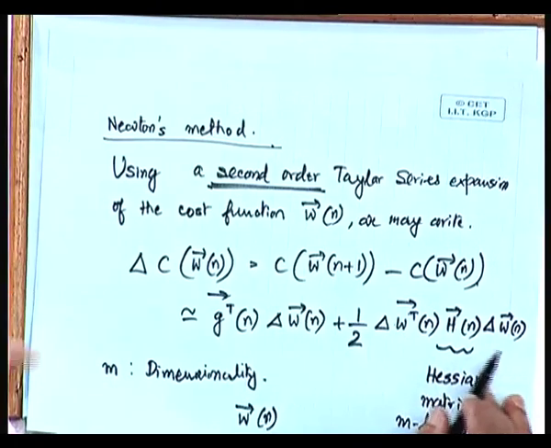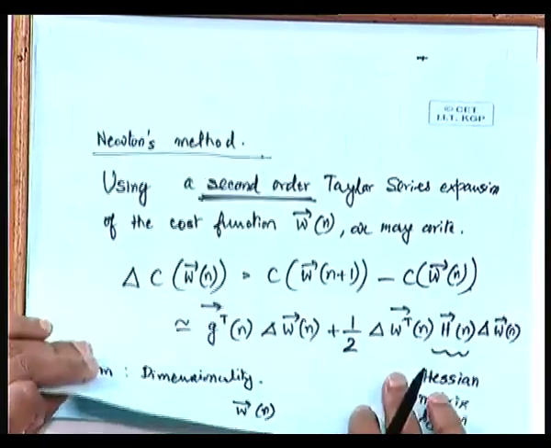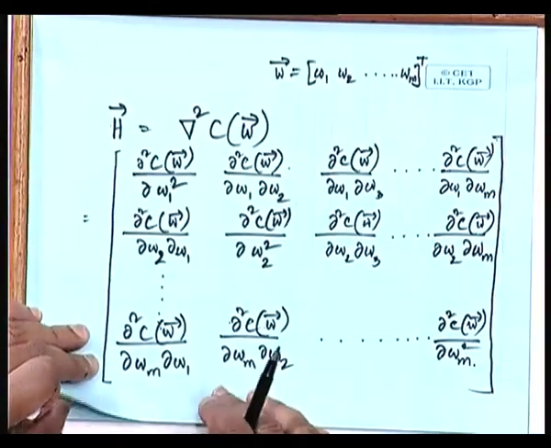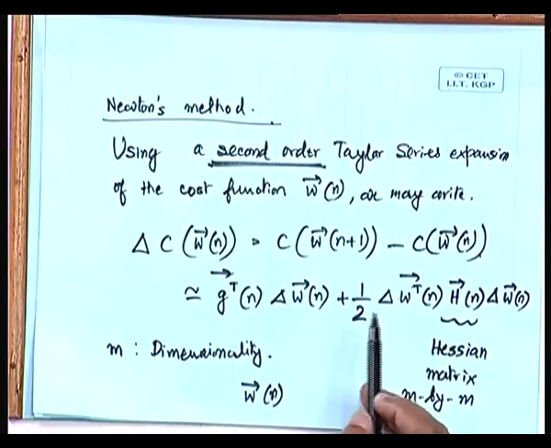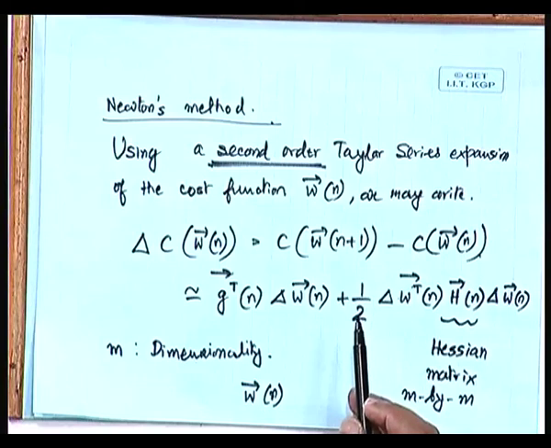This can be easily derived from matrix theory: if you take the second derivative of a quadratic form of function, this is what results. And this is very important: if we now take this delta C of W n, what are we trying to achieve? We are trying to minimize the cost function, isn't it?